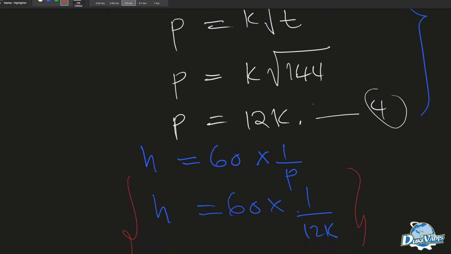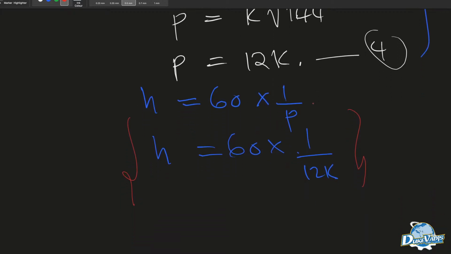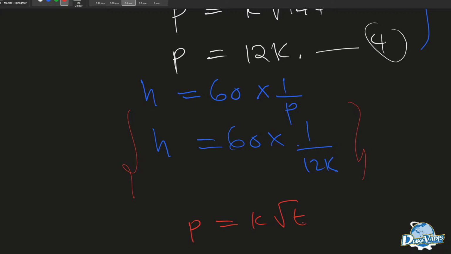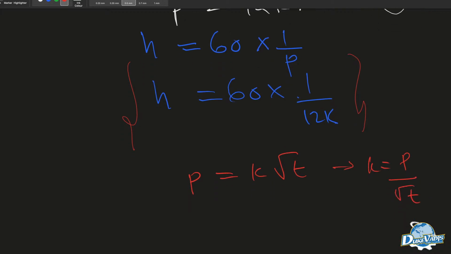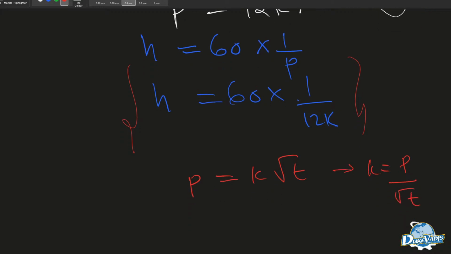Making k the subject, we can say k is equal to p over root t.